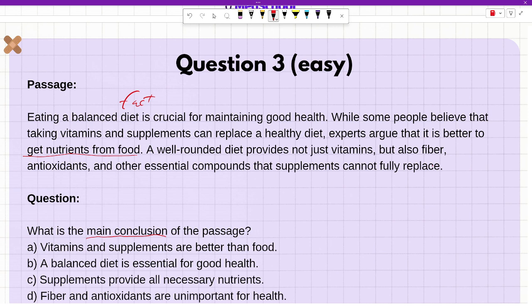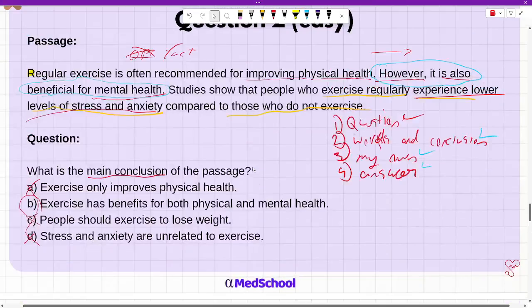A well-rounded diet provides not just vitamins but also fiber, antioxidants, and other essential compounds that supplements cannot fully replace. So, after reading this, the passage is a bit different than the other ones.